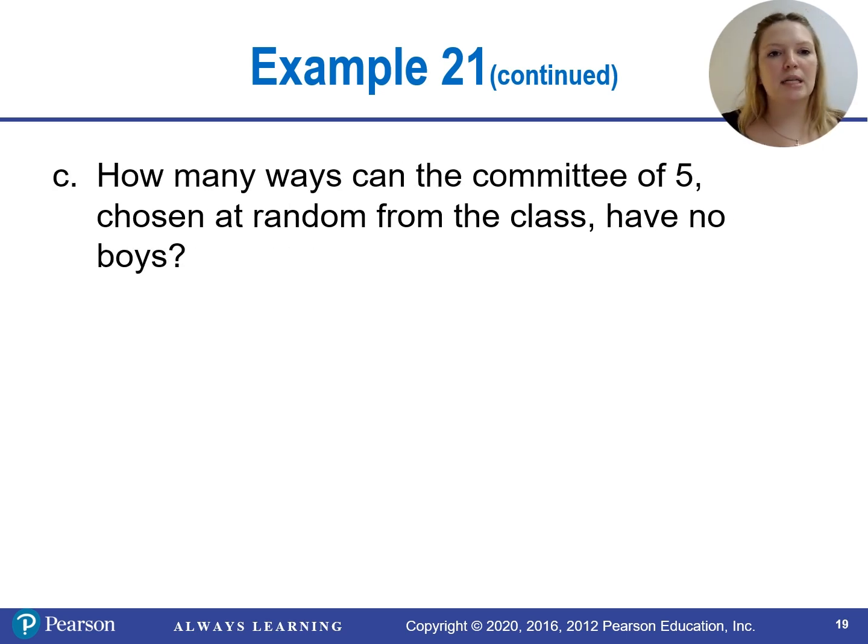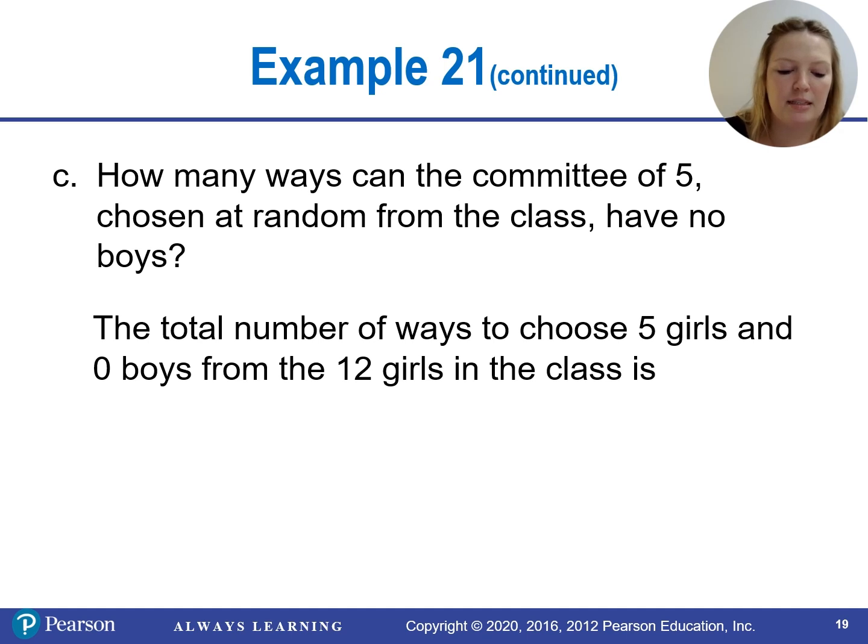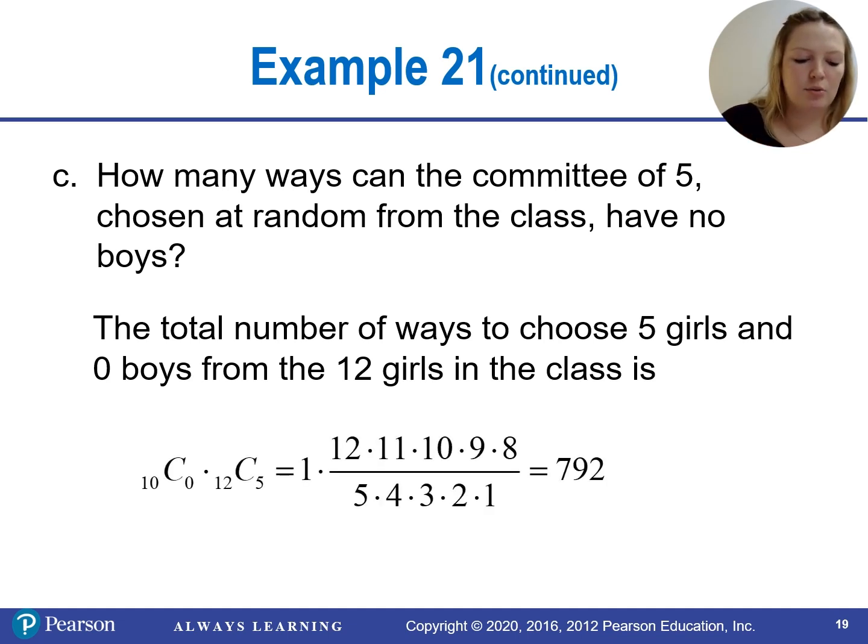We might also want to ask, in how many ways can the committee of 5, if we're going to choose it from the class, have no boys at all? So this would be just choosing 5 girls and 0 boys. To choose 0 boys, we would just do 10 choose 0, which would be 1.